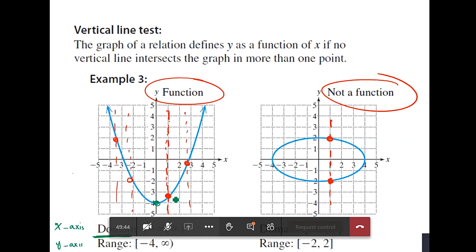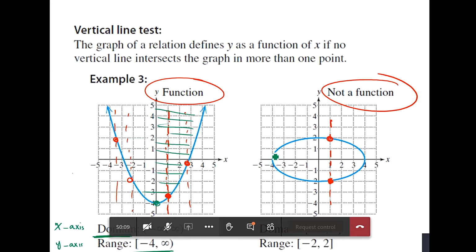We have many values for y, but start from -4. So we don't have any value of y, for example, -5 or -6 or -7 and so on. So the range starts from -4 to infinity. This is the range.